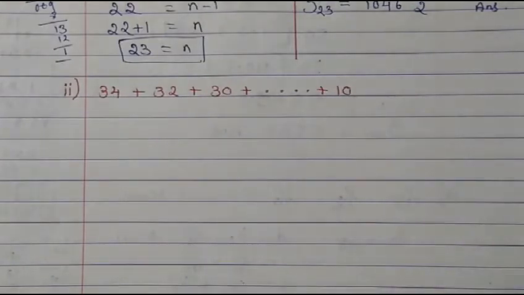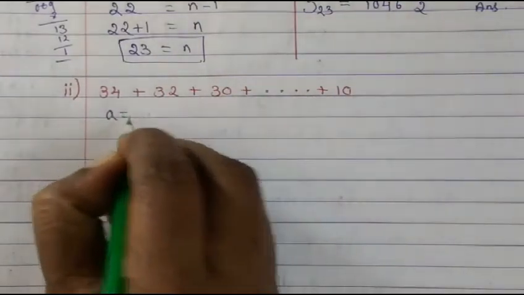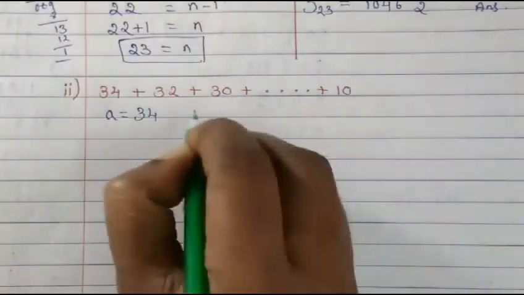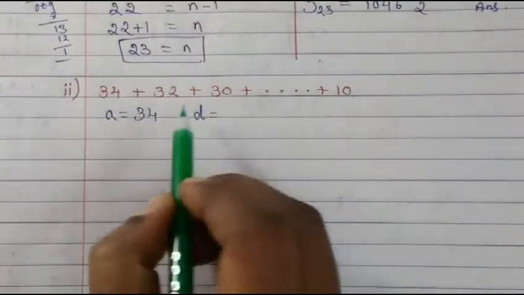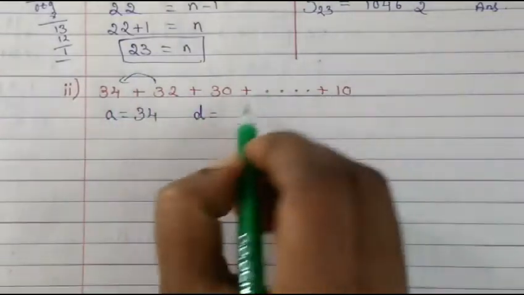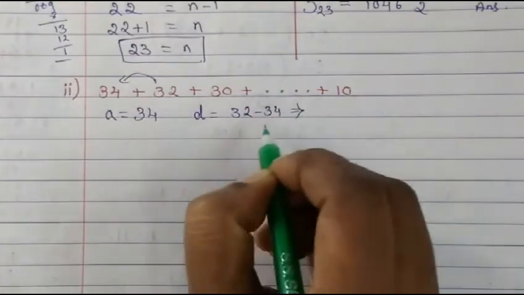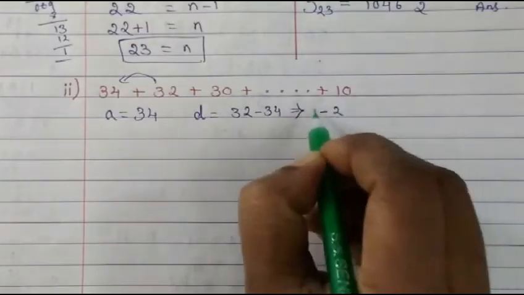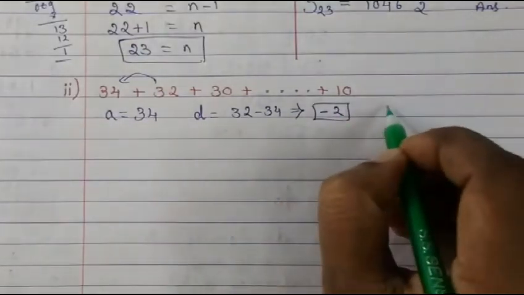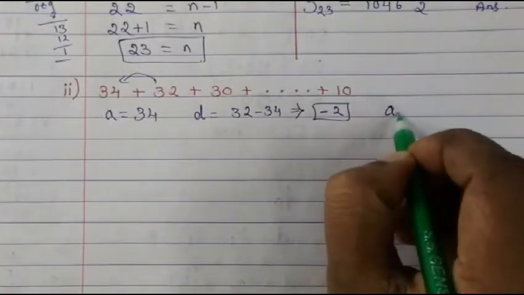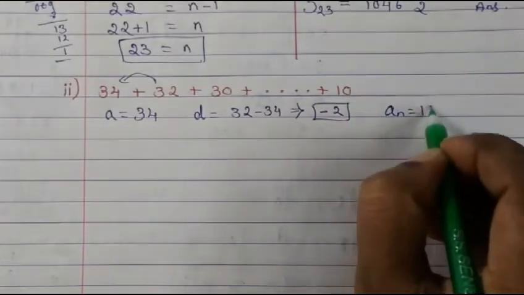So let's find out. So here, the a value is 34, d is 32 minus 34, which will give us minus 2, and then an is 10.